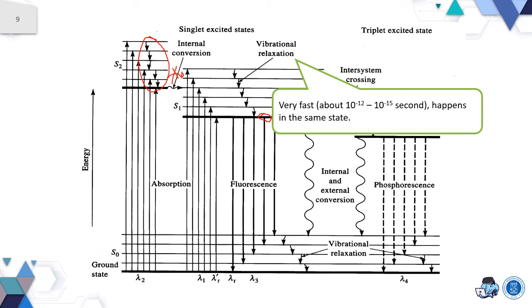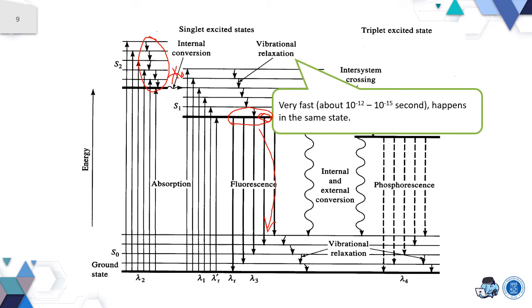So fluorescence always happens from the lowest vibrational energy level to the ground state. Vibrational relaxation involves transfer of excess energy of a vibrationally excited species to molecules of the solvent.